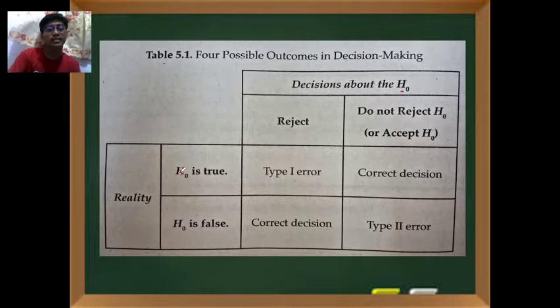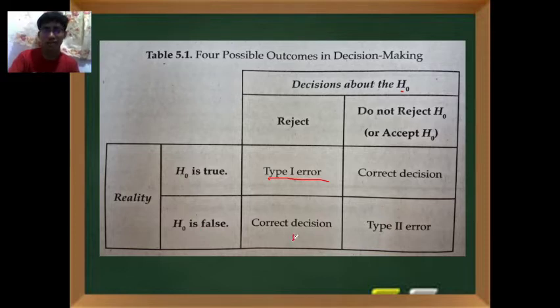When the null hypothesis is true and you reject it, you are committing a type 1 error. Second reality: the null hypothesis is false, and you reject it.